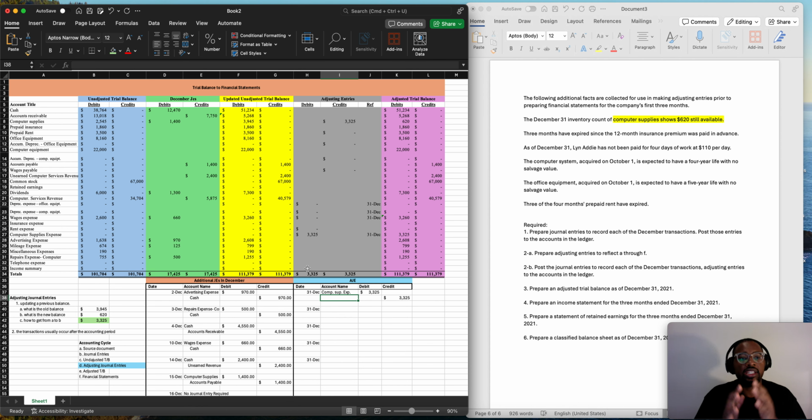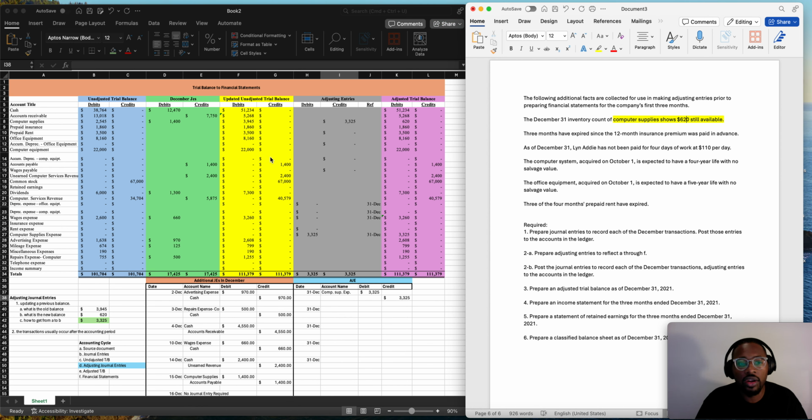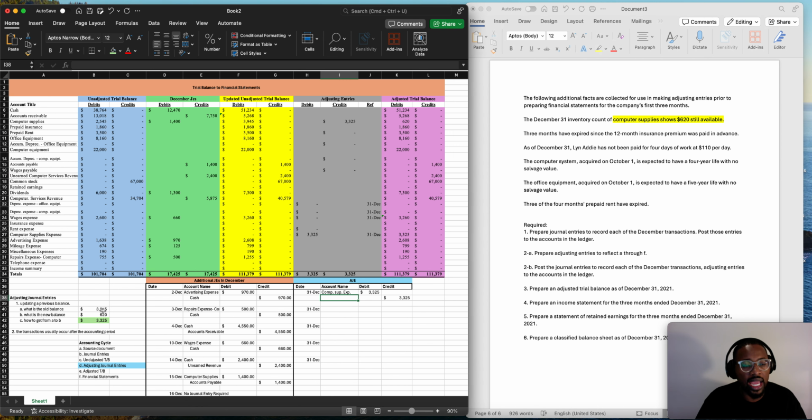Again, an expense is utilizing or paying for something that will continue operations within the business. So as you see here, we started off with a balance of 3,945, but we used 3,324. So that's going to be an expense, right? So we're going to debit that as an expense. But then we want to credit, this is very important, that asset account, which is going to be computer supplies. We're going to credit computer supplies because we want to reduce that.